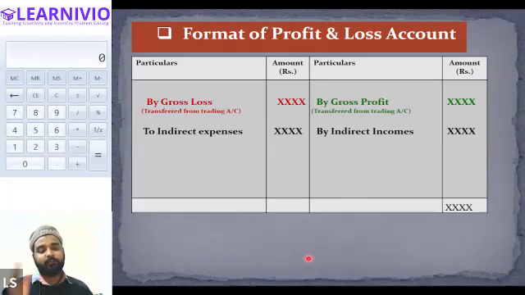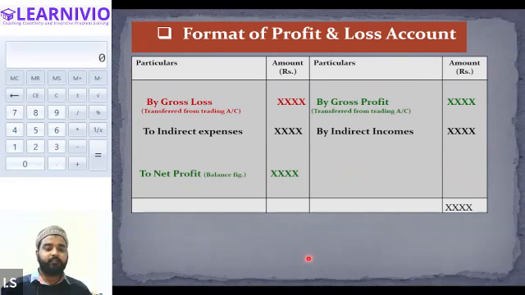Either the debit side will be greater than the credit side. If this is the situation, this indicates there is a loss. If the debit side exceeds the credit side, that means expenses are exceeding the incomes, and obviously there will be a loss. And if the credit side is more than the debit side, then it will be a profit. So if the debit side exceeds the credit, it will be a loss. Otherwise, it will be a profit.